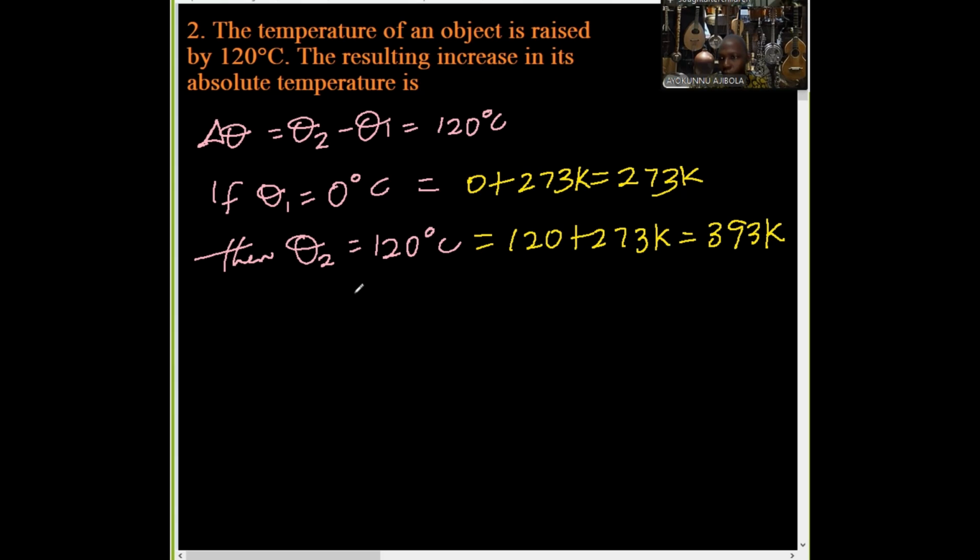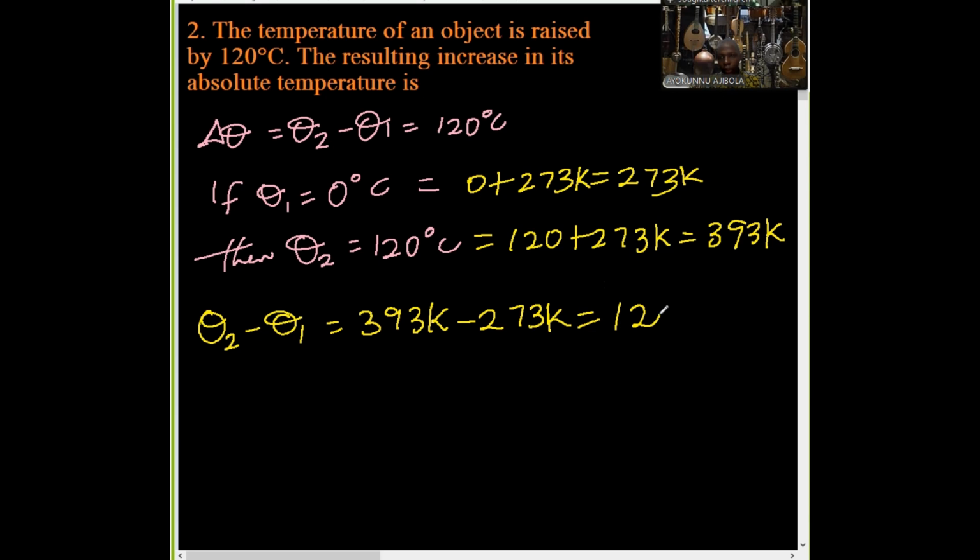So with this, the temperature difference, which will now be theta 2 minus theta 1, will be 393 Kelvin minus 273 Kelvin. So what's your answer? That's 120 Kelvin.